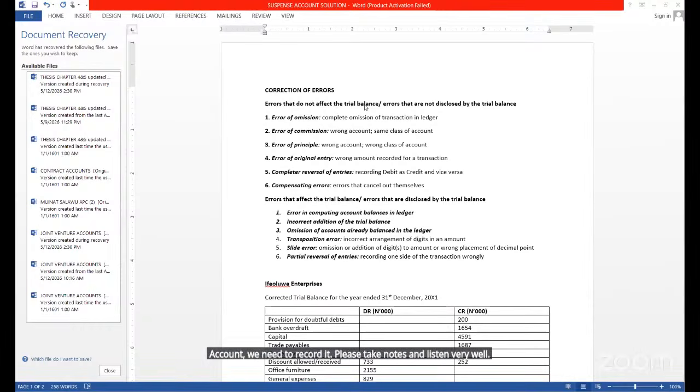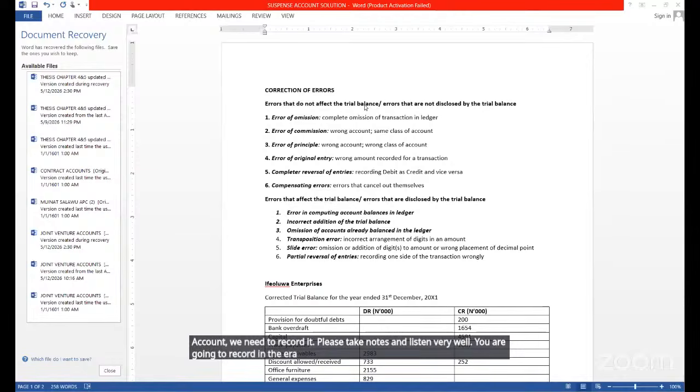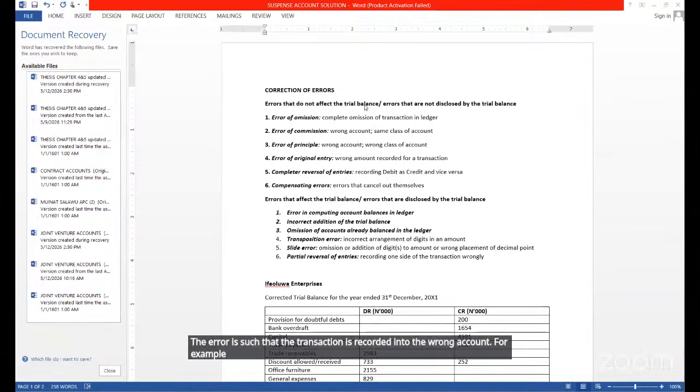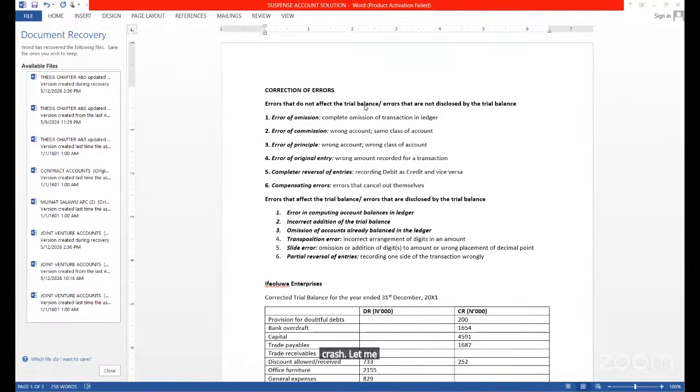The error is such that the transaction is recorded into the wrong account. For example, I'm meant to record into Bola's account, but I record into Bolu's account. So you have recorded it into the wrong account.